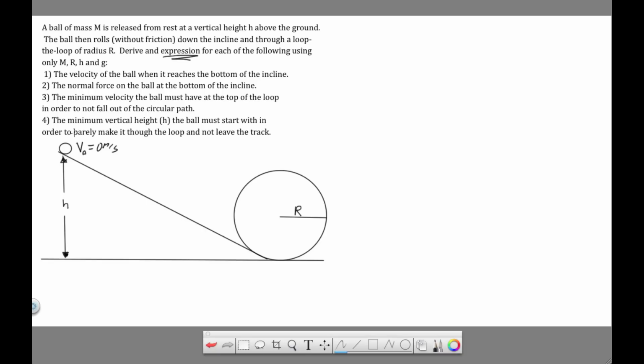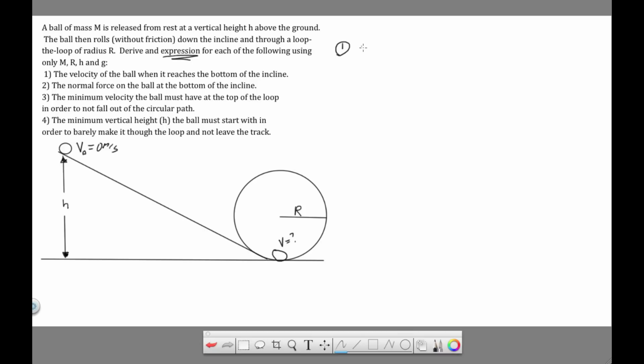It's actually a conservation of energy question. So the way we go about solving number 1, which is asking for the velocity of the ball when it reaches the bottom of the incline. So we'll put the ball down here. The ball is going to go faster, faster, faster down the hill. And when the ball reaches the bottom, what is the velocity?